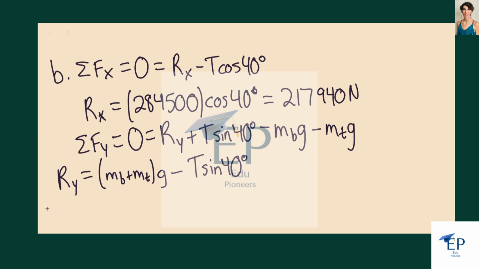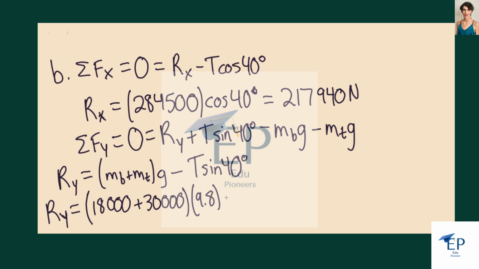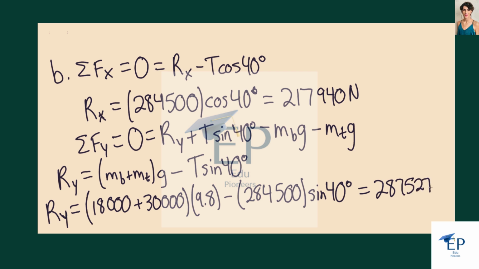And R sub y is going to be equal to 18,000 plus 30,000 times 9.8 minus 284,500 newtons times sine of 40 degrees. And this is equaling 287,527 newtons. So this would be your y component.